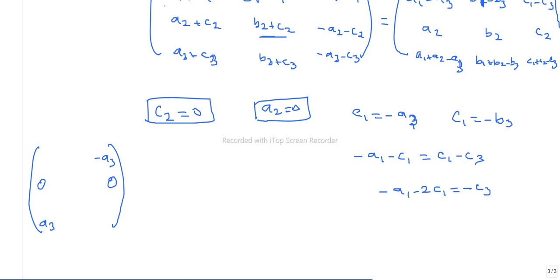A3 B3 C3, here A3 and this should be minus A3, and C1 should also be B3. Okay, therefore what is B3? So this should be minus A3, therefore B3 should be A3. So this is B3, that should be A3, right? Because A3 B3 C3, but B3 is nothing but C3.